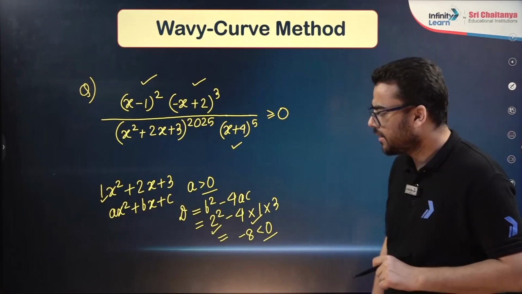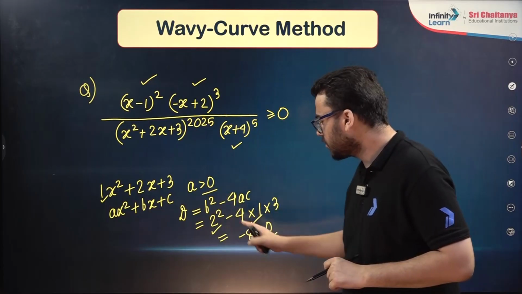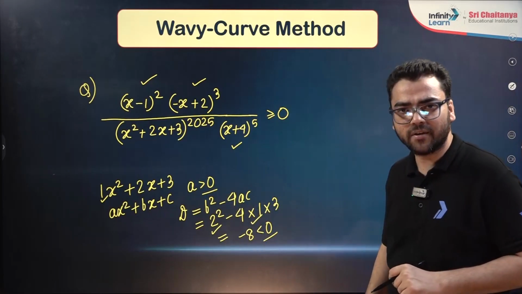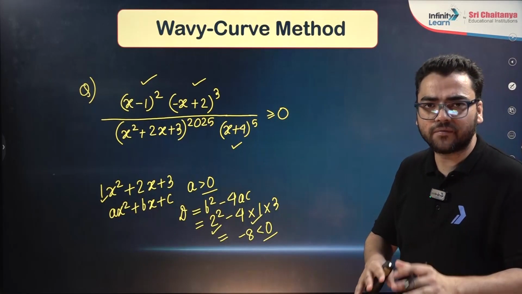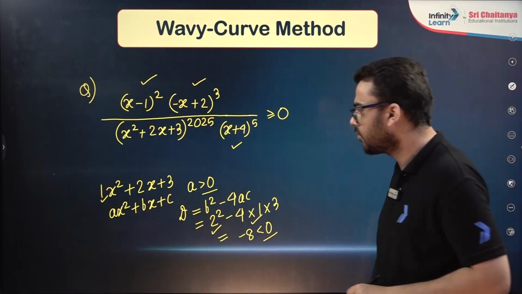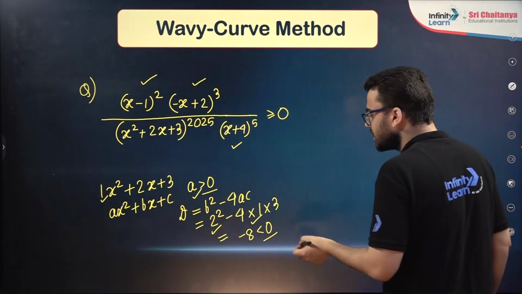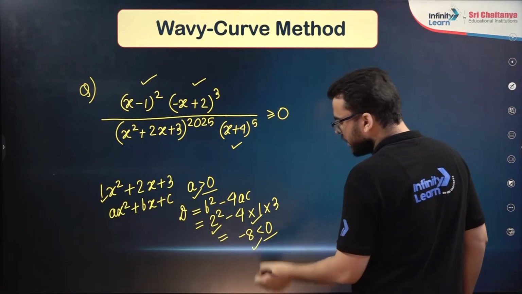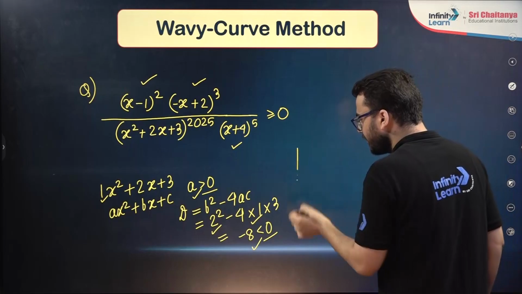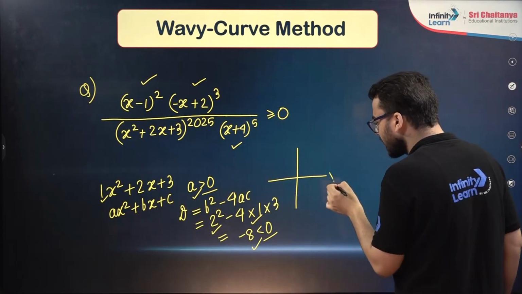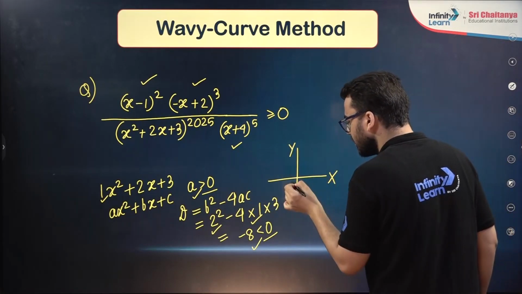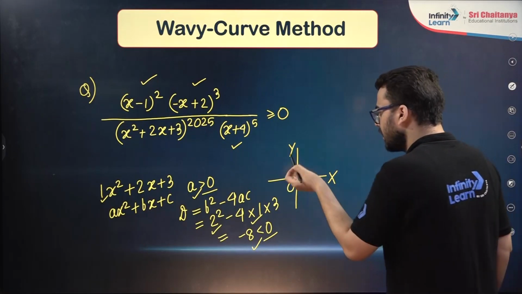So what does it mean? The coefficient of x square is positive and the discriminant is negative. You know how to draw the graph of a quadratic polynomial. I'm not drawing the exact graph, just a simple one.